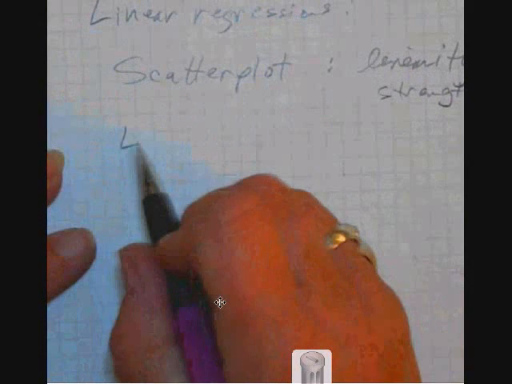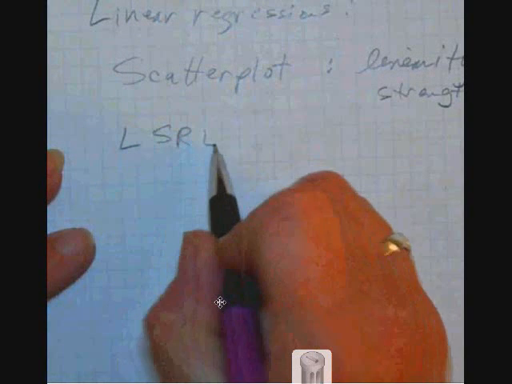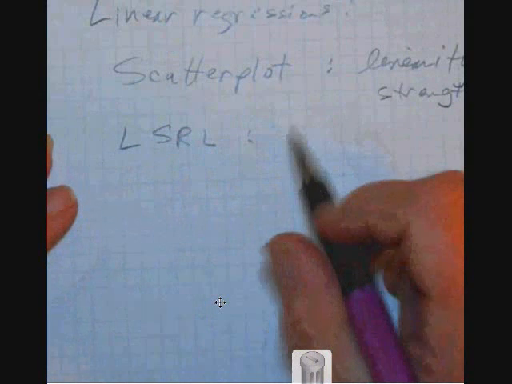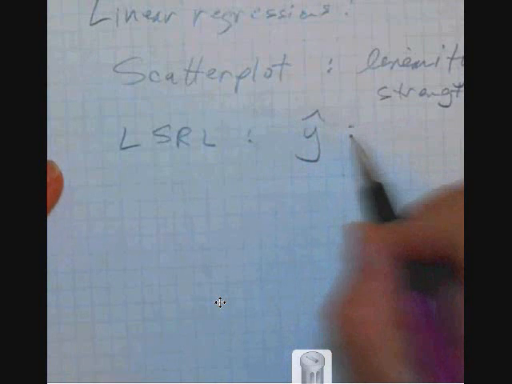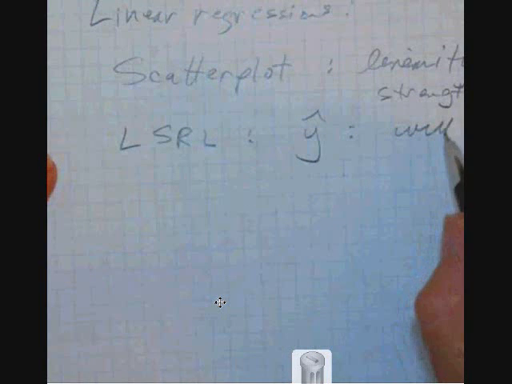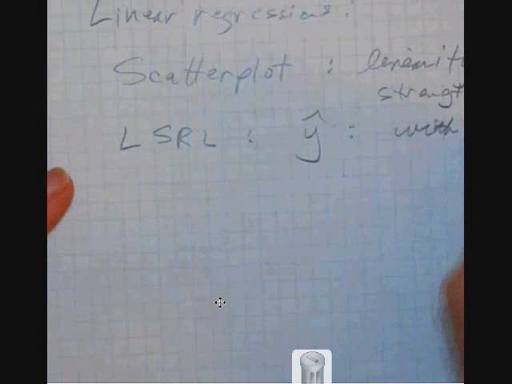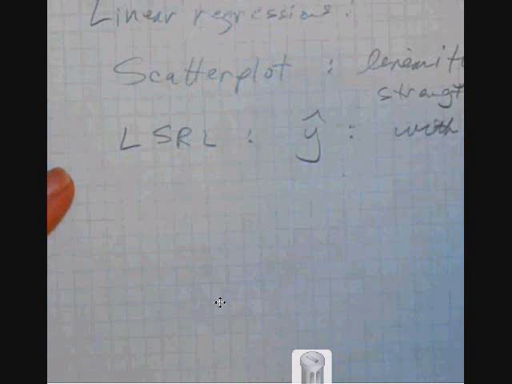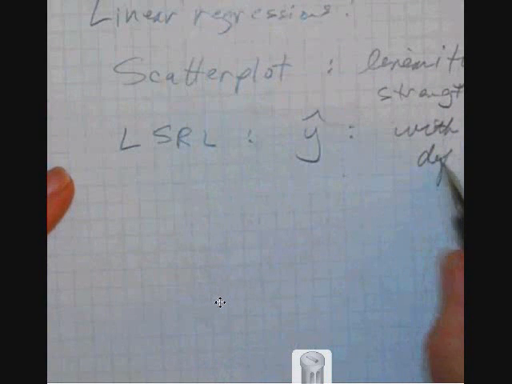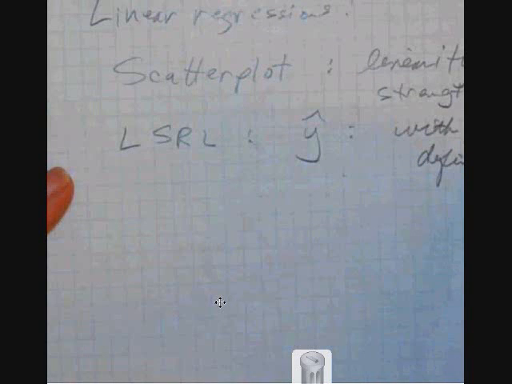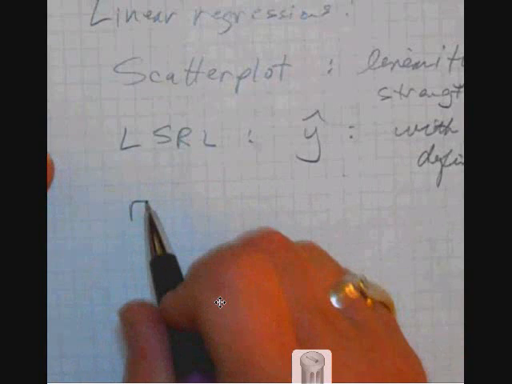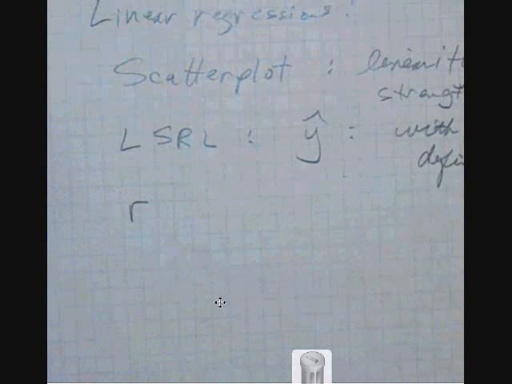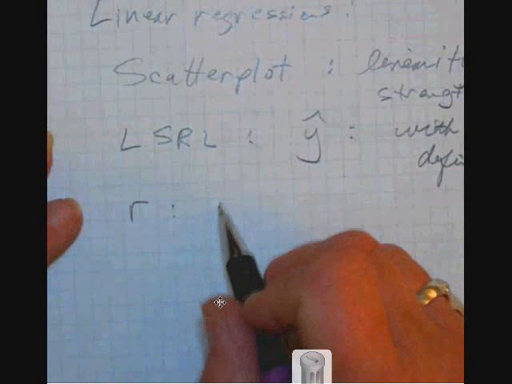We get a least squares regression line. We'll want our equation. We want our y-hat equation with y-hat and x defined in words. We want to get our r value, or maybe an r squared. So we want the correlation value.